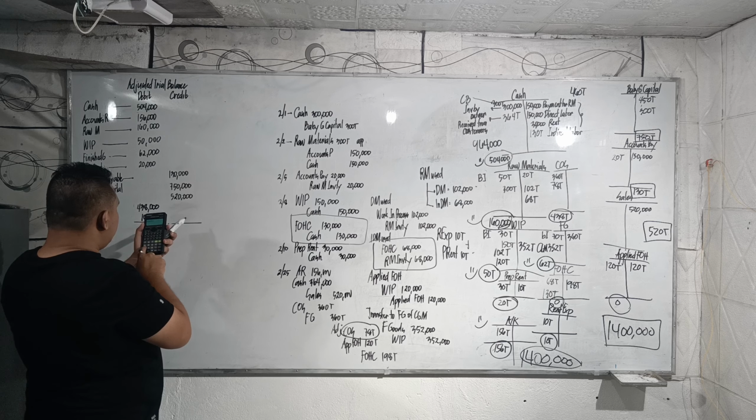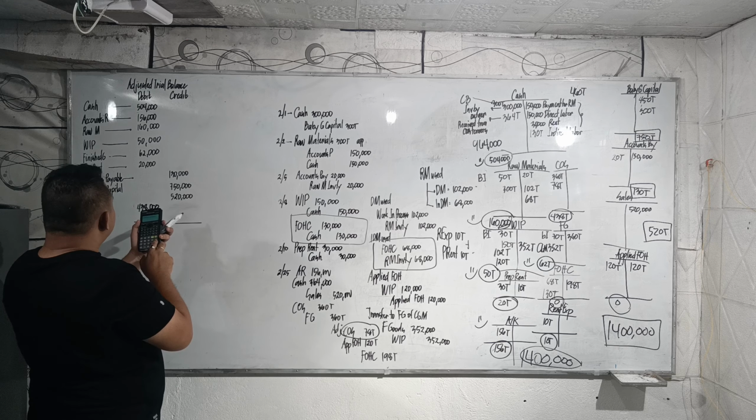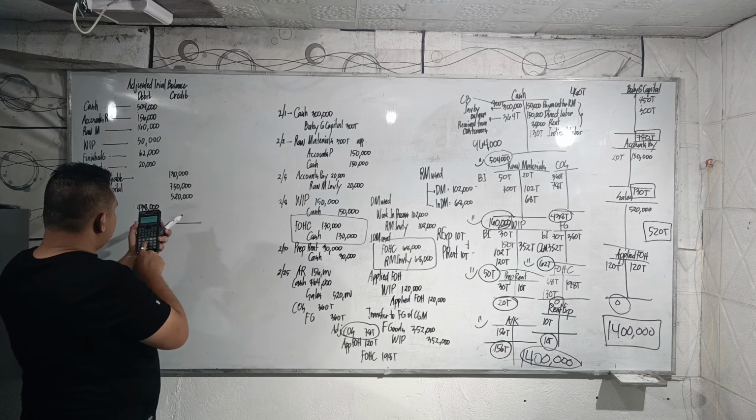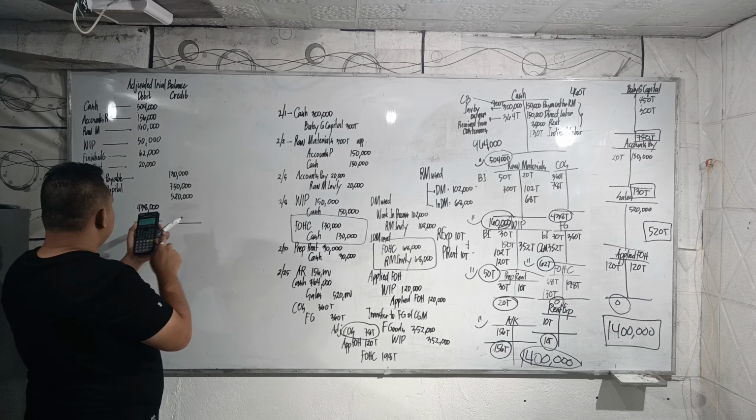So you have 504,000 plus 156,000 plus 160,000 plus 50,000 plus 62,000 plus 20,000 plus 438,000 plus 10,000.